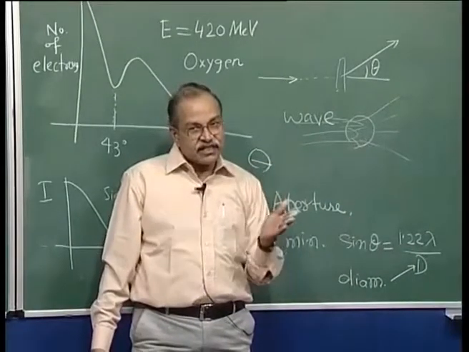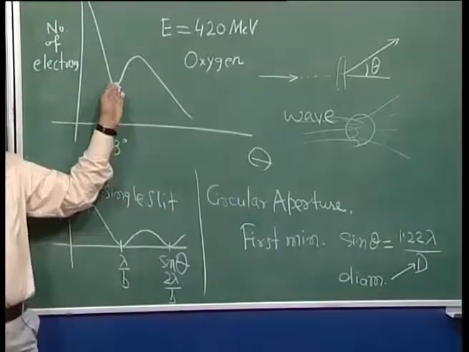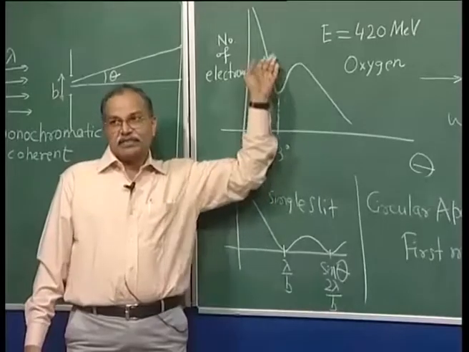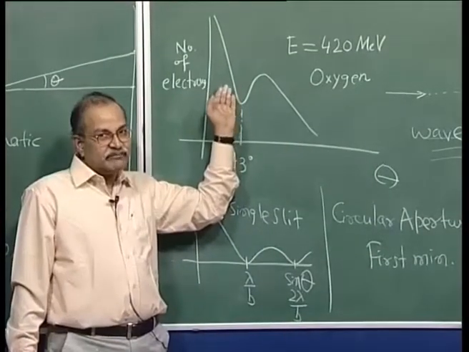So, these diffraction minima are showing up here. So, this dip, this minimum, and then it is going up and coming here. So, this dip is showing you a minimum.